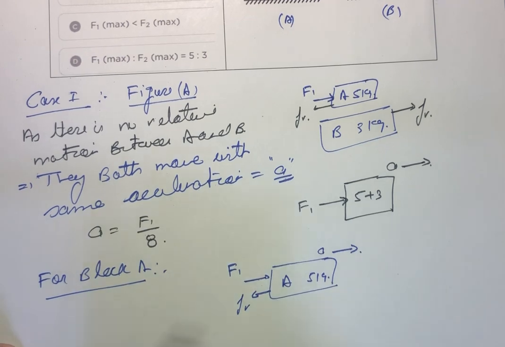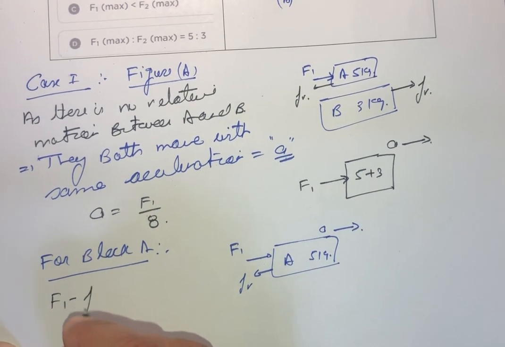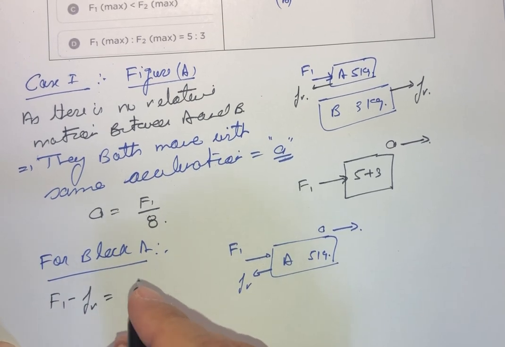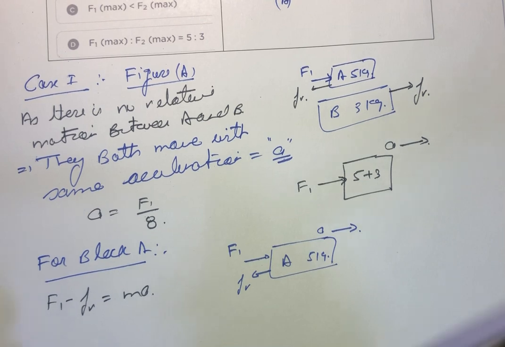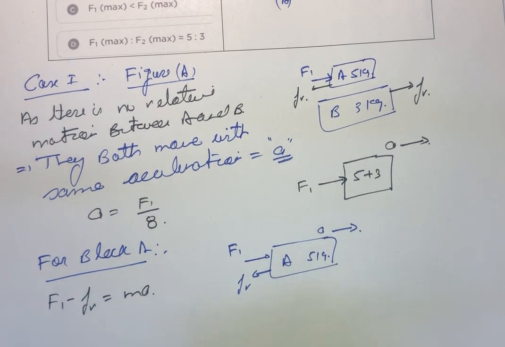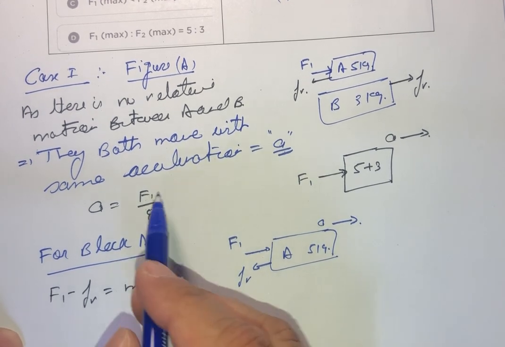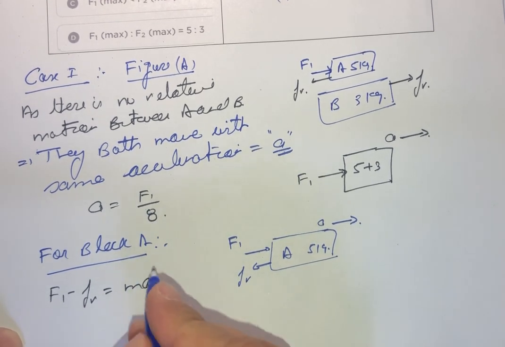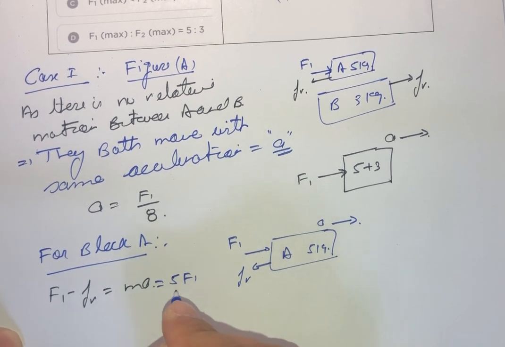So from here you can write the equation that F1 minus Fr will be equal to ma. We already know the value of a is F1 upon 8 and m is 5 kg, so this will be 5 F1 upon 8.